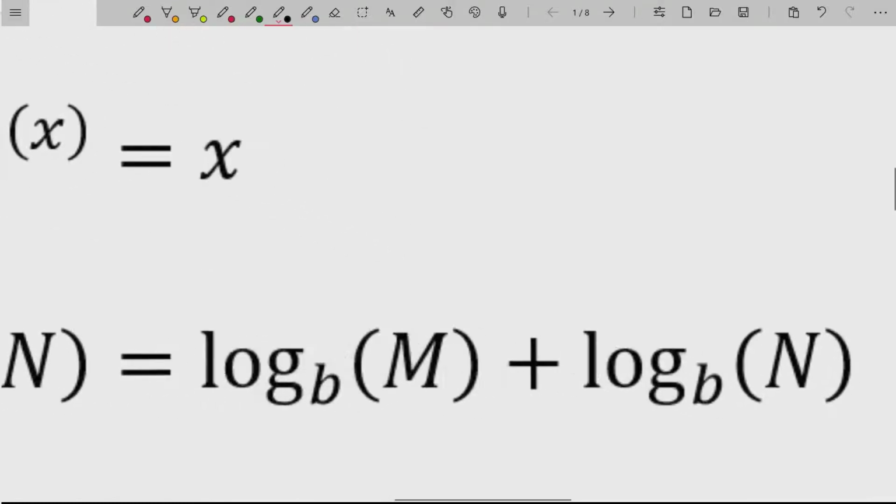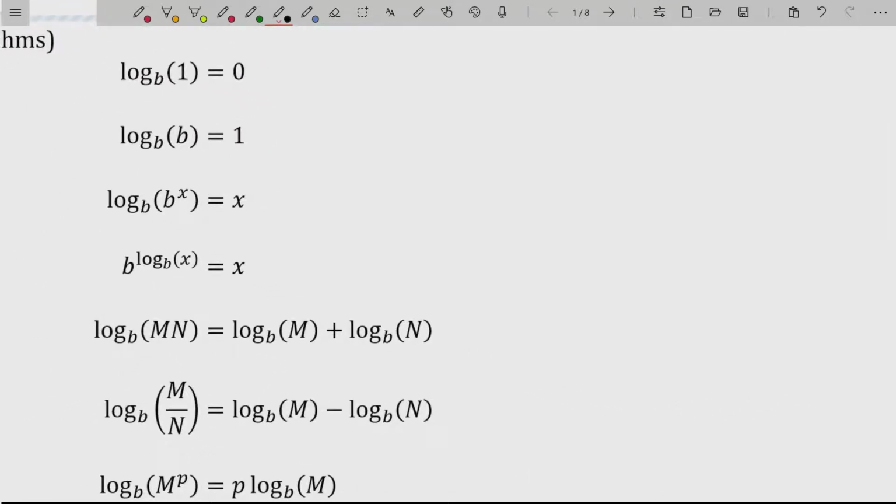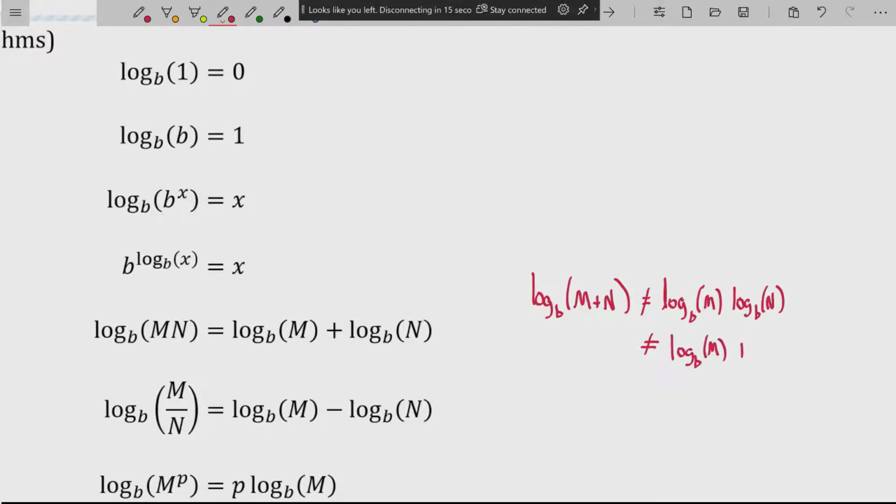Now I do want to mention off to the side here, there is no such property that says, oh, log base b, actually I'll write this in red. There's no such property that says log base b of m plus n is equal to log base b of m times log base b of n, nor is it log base b of m plus log base b of n.